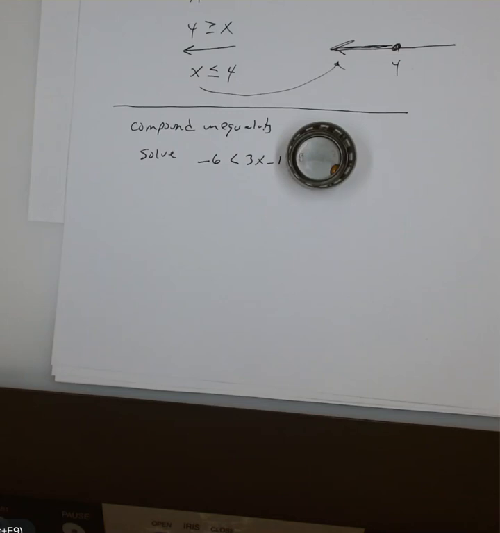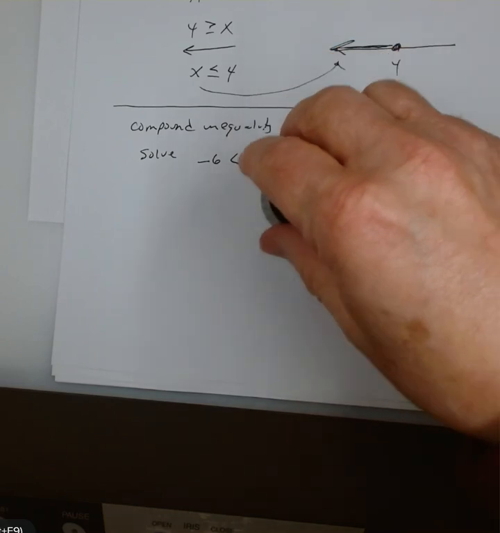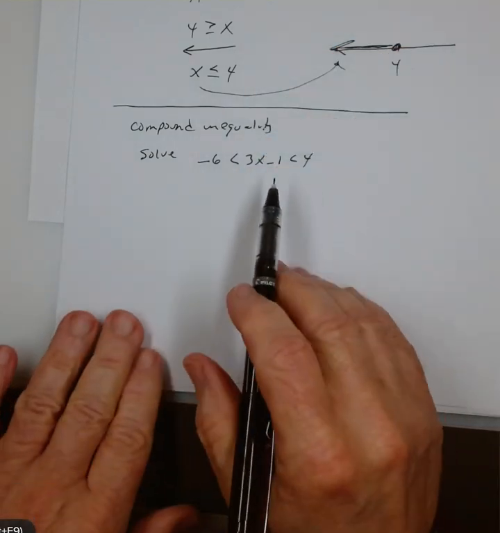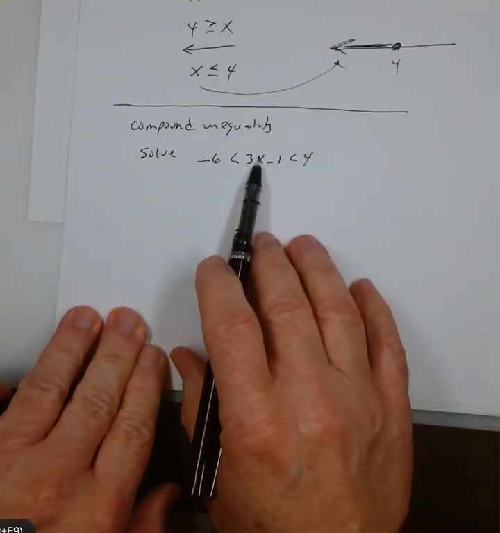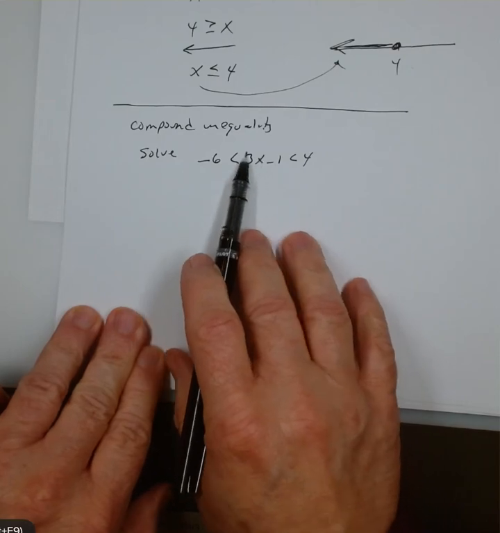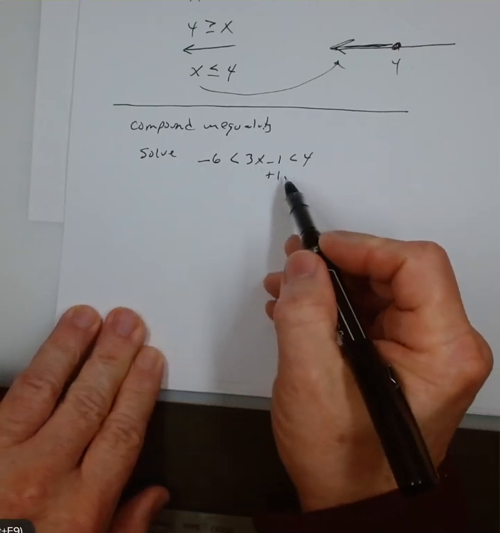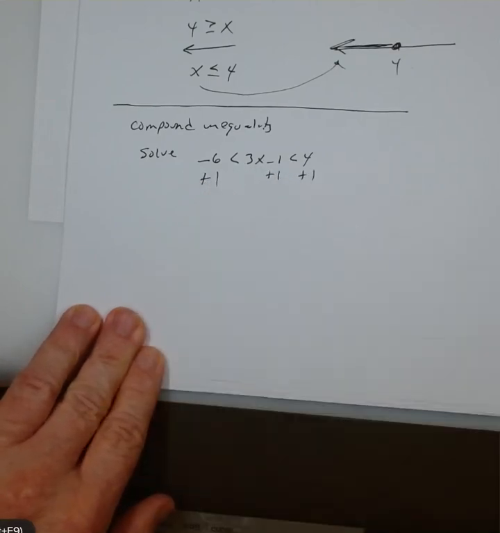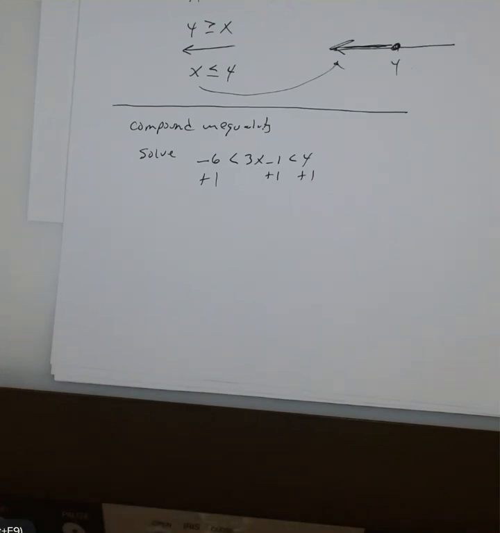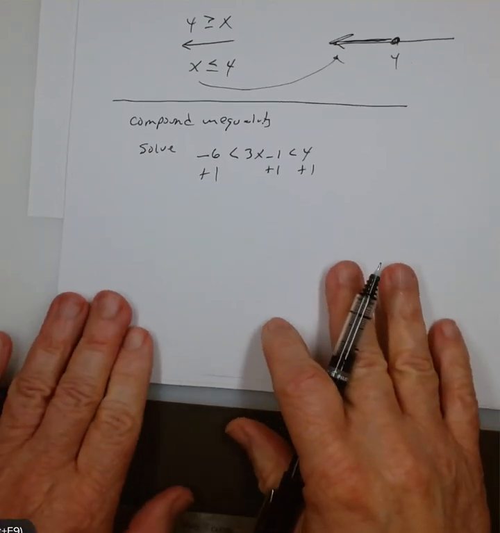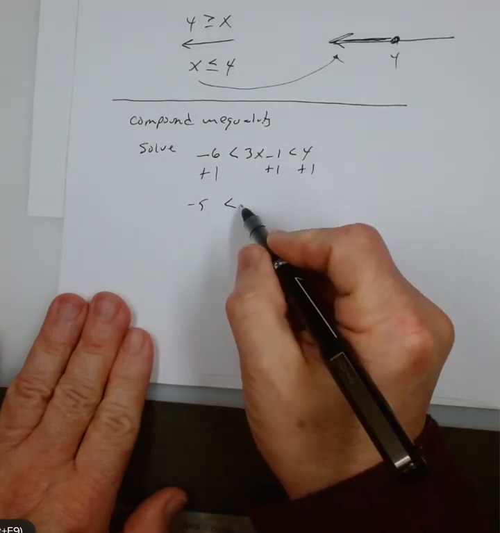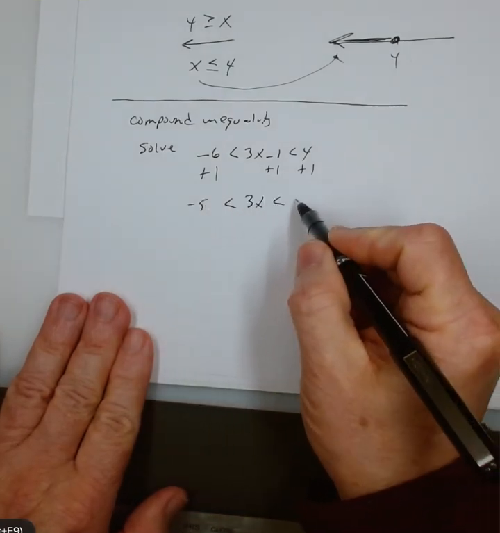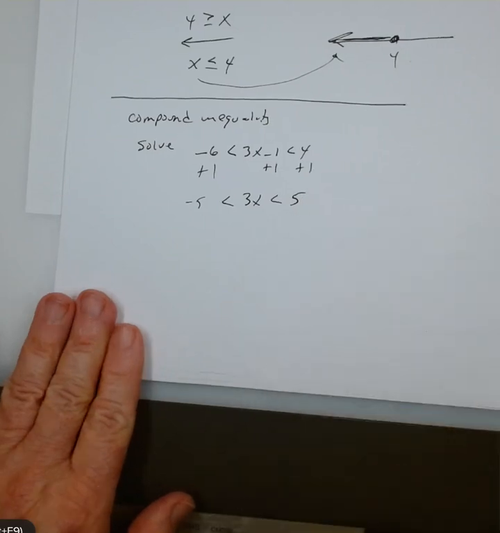So in solving a compound inequality, the idea is that you want to try and get that x by itself in the middle. And so to get x by itself, you're going to add 1 to all parts. There are 3 parts. So notice plus 1, plus 1, plus 1. What's negative 6 plus 1? So negative 5 is less than 3x is less than 5.